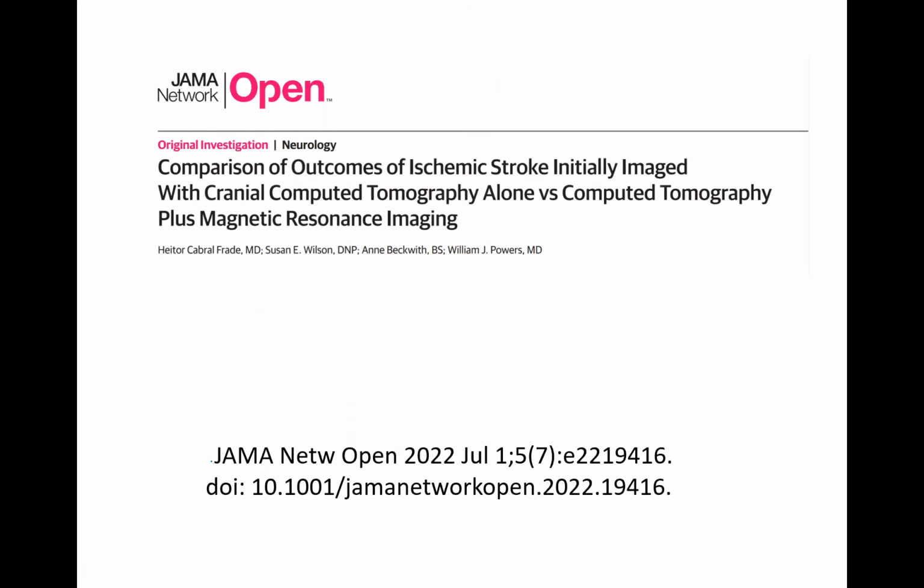This work was published in JAMA Network Open in July, if any of you are interested in reading the publication and getting details about it.